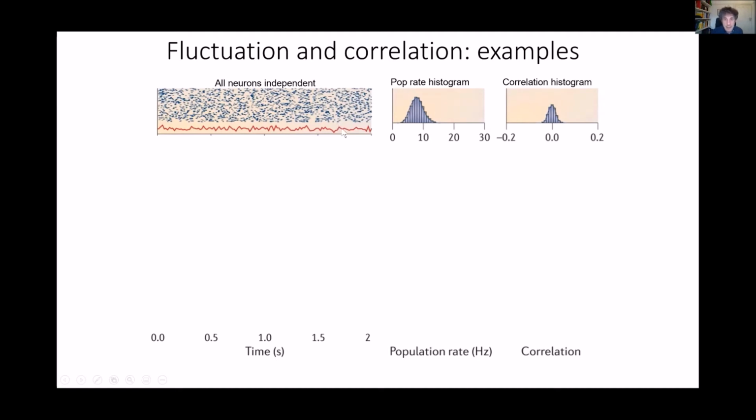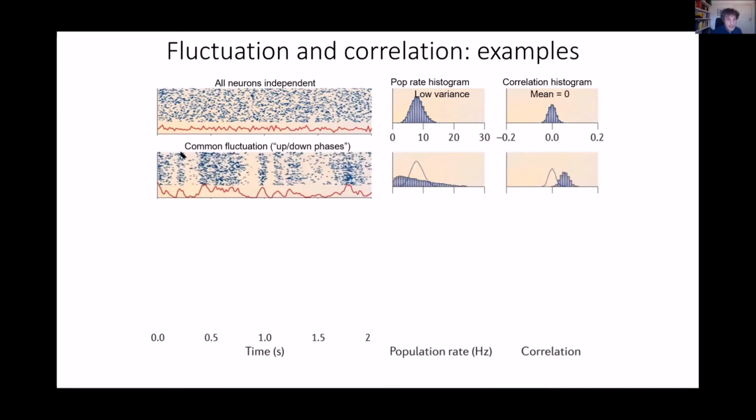Again, it's still hypothetical data. This is the population rate histogram. It follows a Poisson distribution. And this is the correlation histogram. Some of the correlations that you measure empirically are positive, some are negative just by chance. So this has a low variance in population rate and a mean of 0 in the correlations.